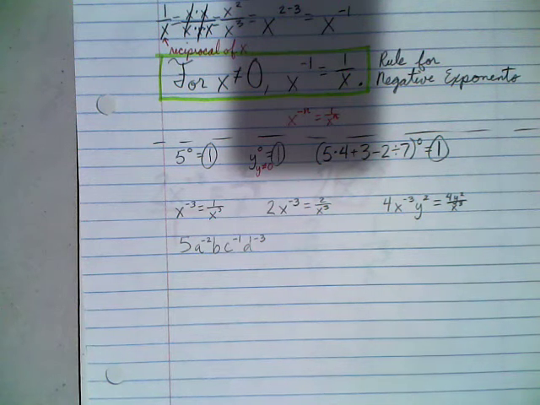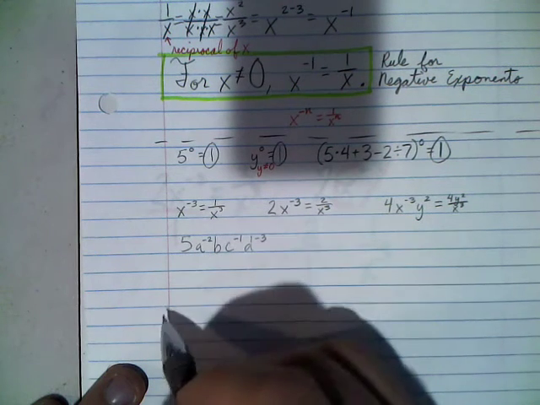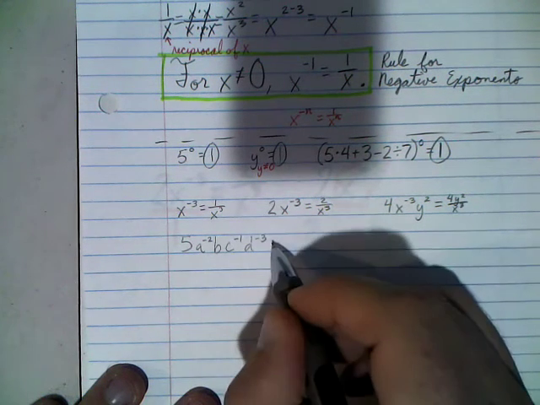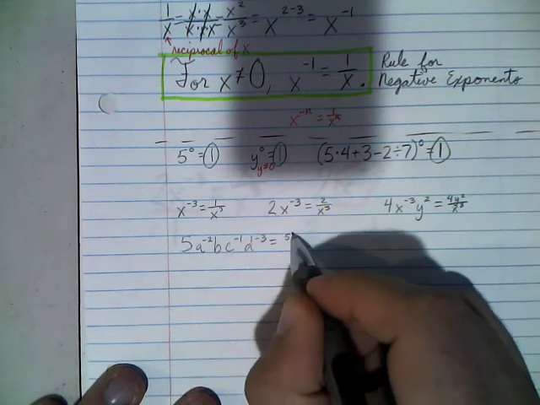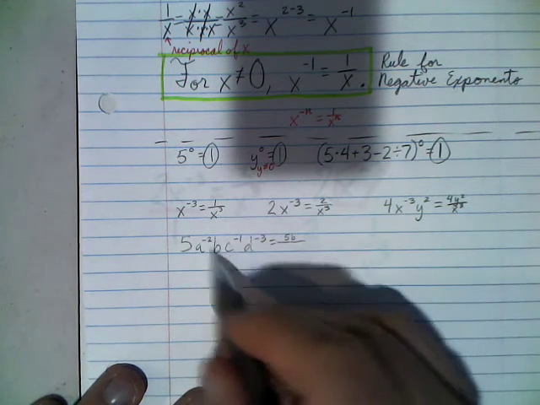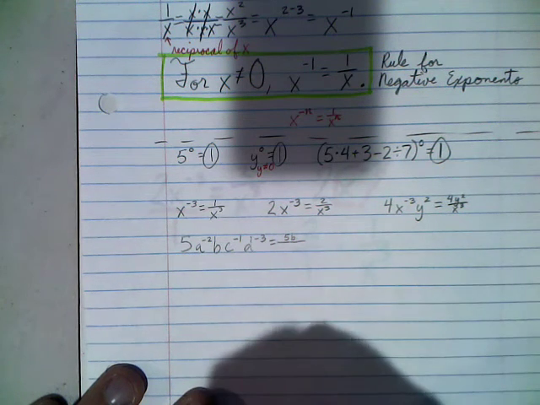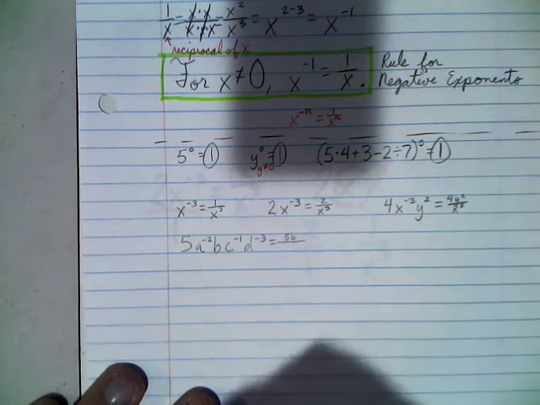Everything else is going to stay in that numerator like we imagine it being. So 5 does not have a negative exponent, b does not have a negative exponent. They're going to stay on top. A to the negative second, c to the negative first, d to the negative third, are going to all flip to the bottom and get positive exponents.